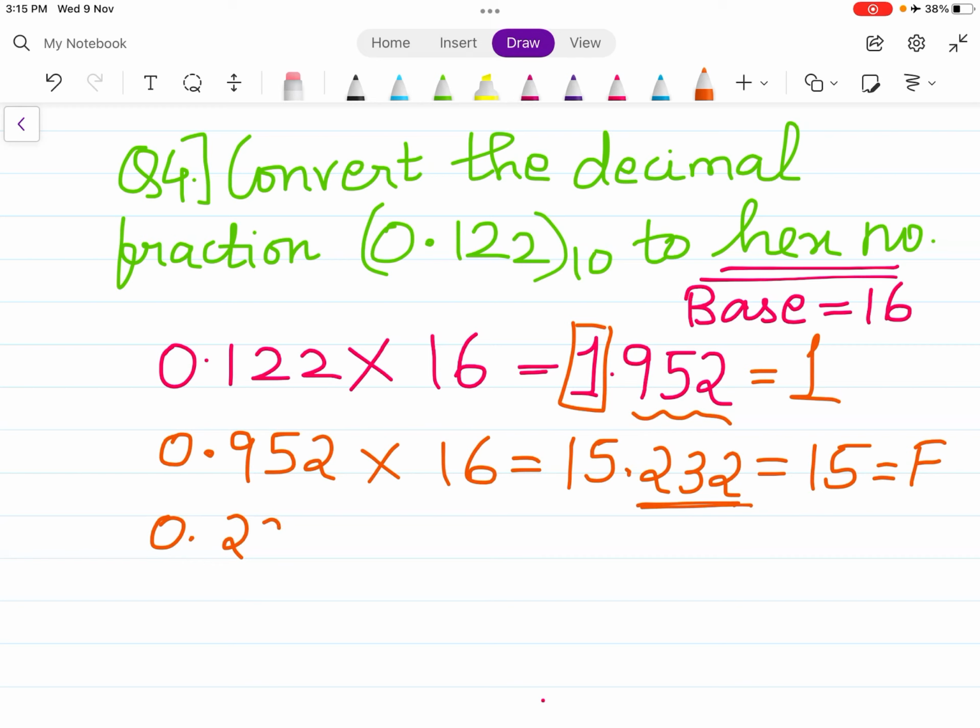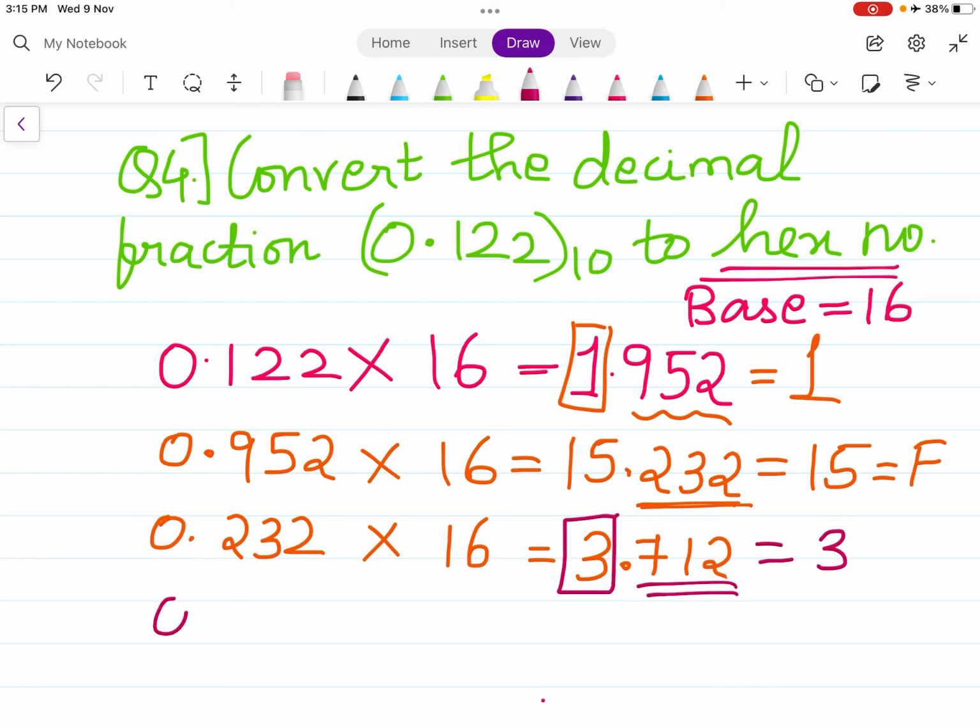The fractional part is 0.232 into 16, which is 3.712. The carry generated is 3. The fractional part is 0.712 into 16, which is 11.392.